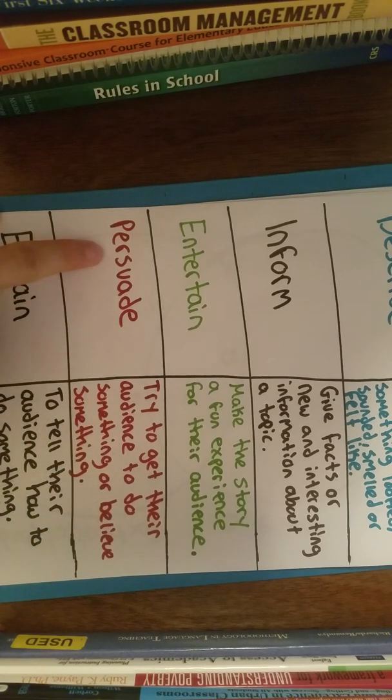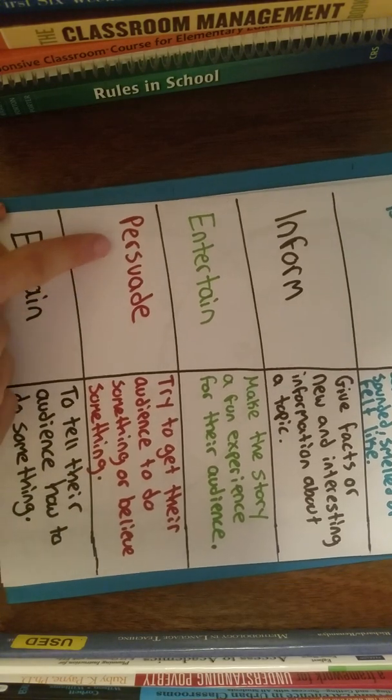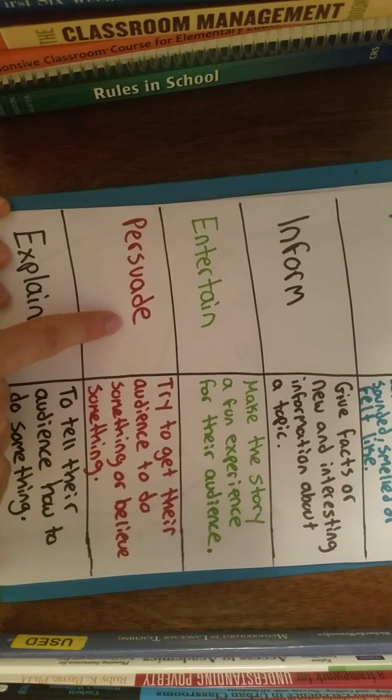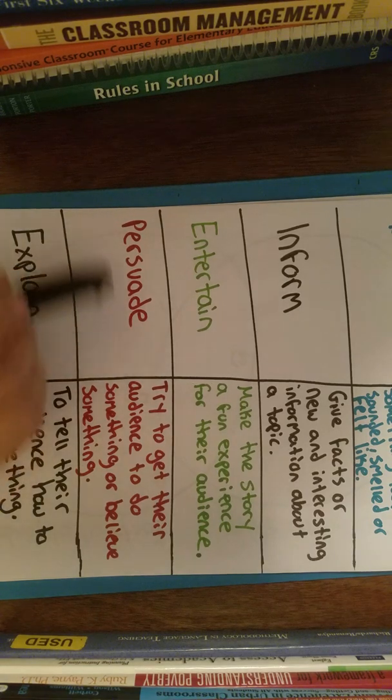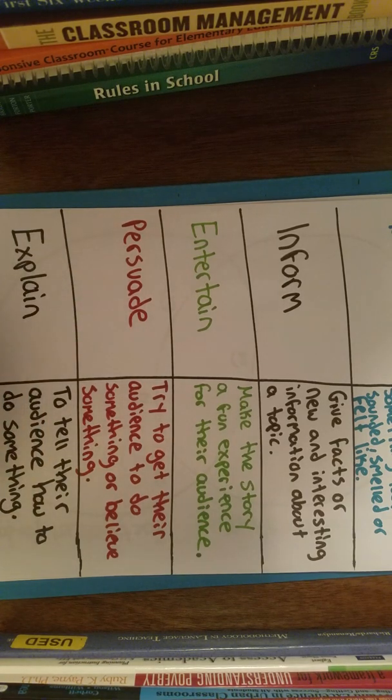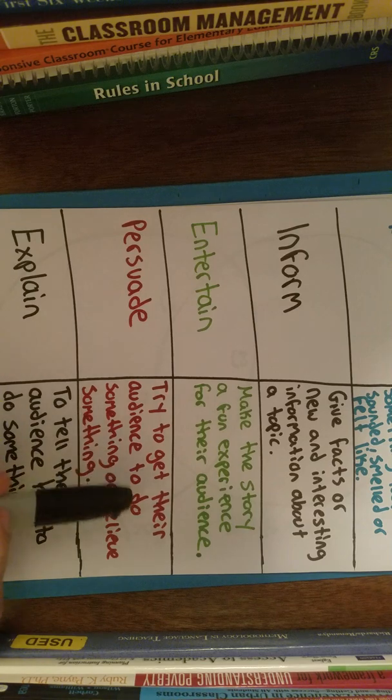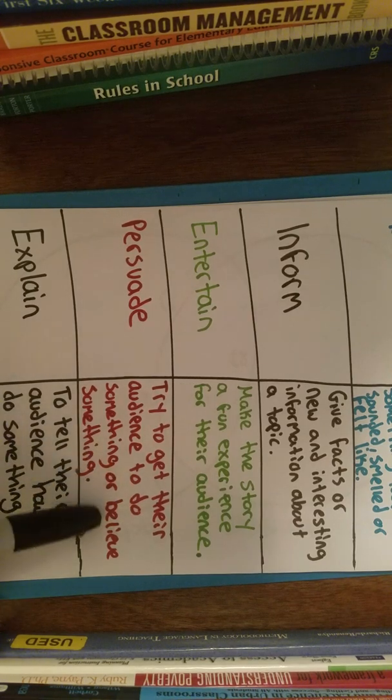Books that teach a lesson would fall under persuade, because the lesson that they were trying to teach in Clark the Shark was to be nice, right? And the author of that story was trying to get their audience to do something to be nice or to believe that it is a good thing to be nice.